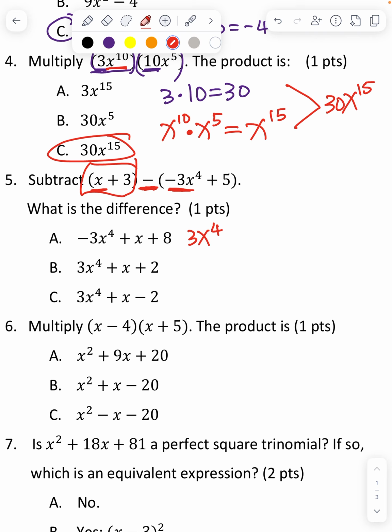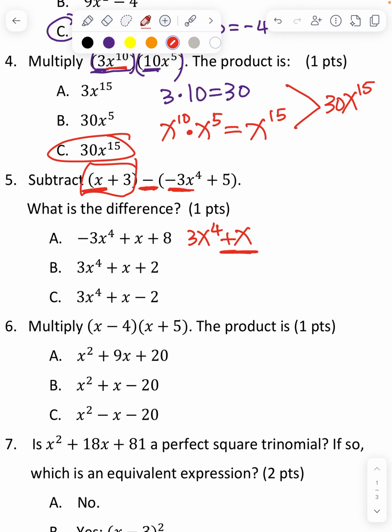Now we're going to deal with the x. Here's a positive x. X minus, here we don't have any x, so we don't have to subtract any x. So add x, because it's a positive x, I have to write a positive x, the same thing as plus x.